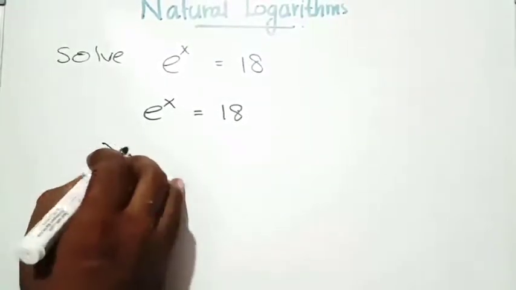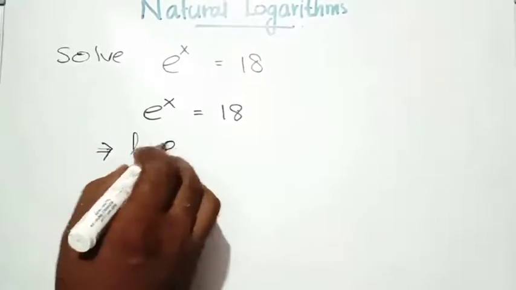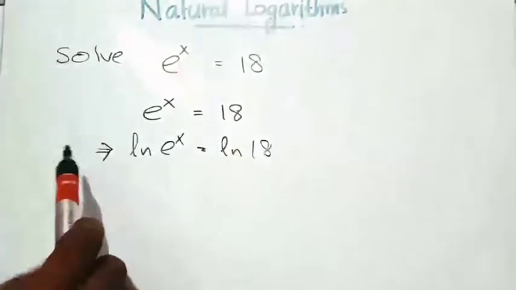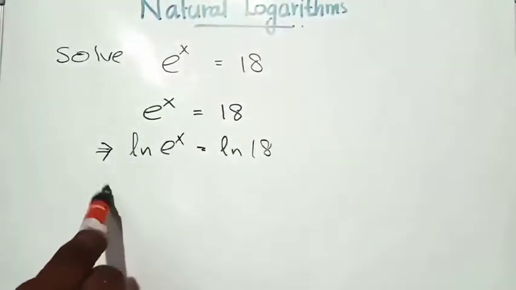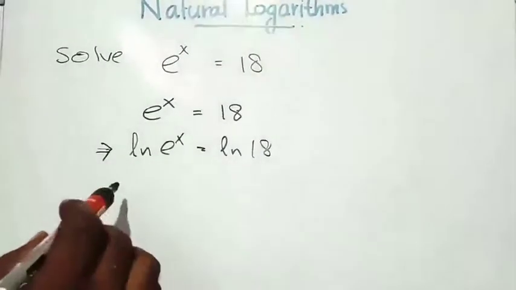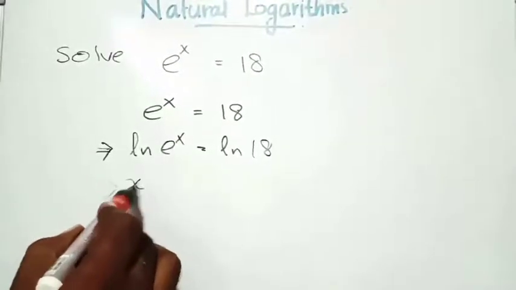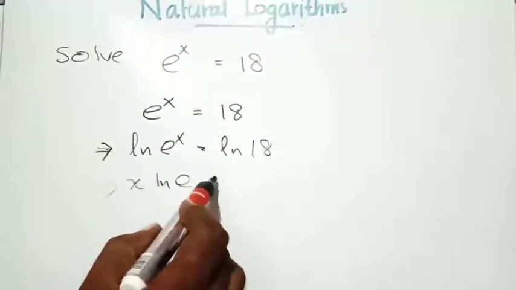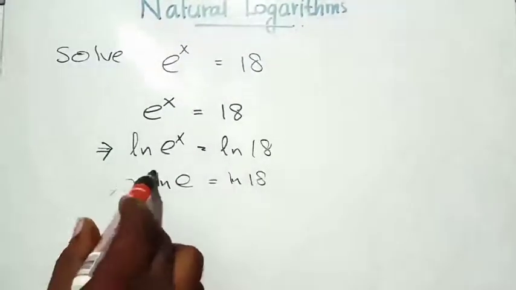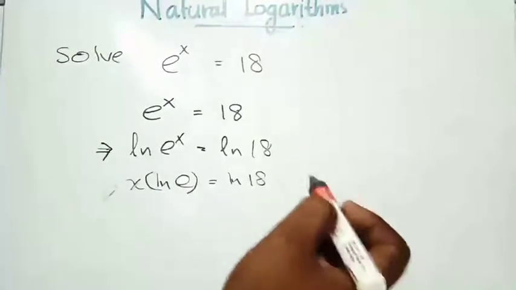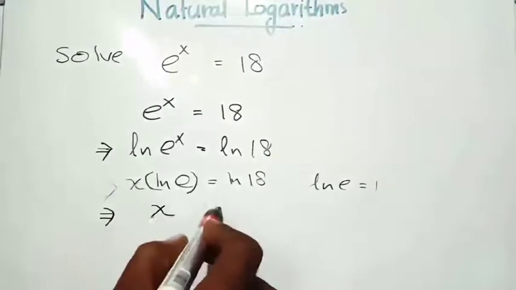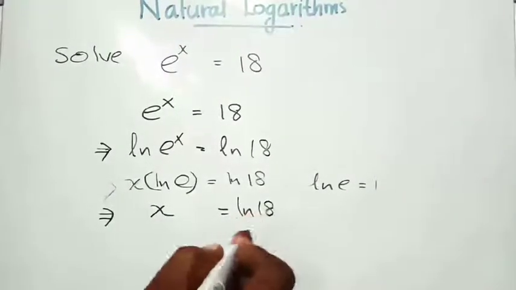We get ln e raised to x is equal to ln 18. Since log a raised to m is m log a, it becomes x ln e is equal to ln 18. ln e is 1, so we get x is equal to ln 18 as the answer.